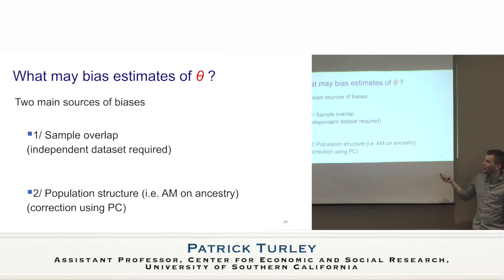So on one hand, even if the assortative mating is being driven by population structure, that is assortative mating. But if we want a measure of assortative mating that's more interesting from a social science point of view, what we might do is residualize our PGIs using PCs, and hopefully that removes any correlation that's due to population structure.